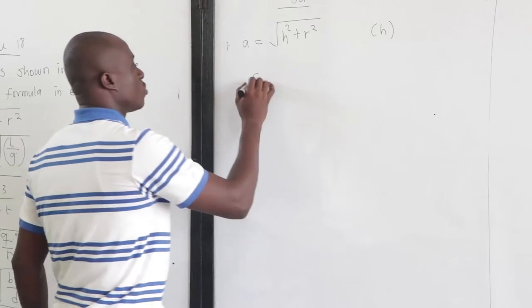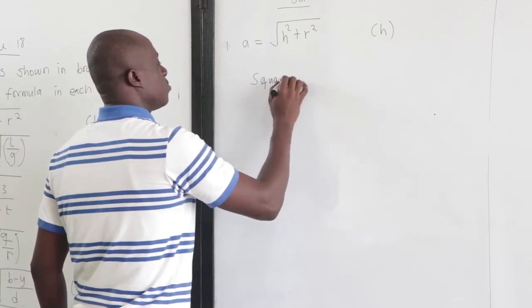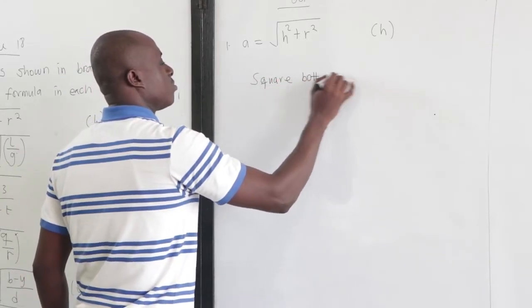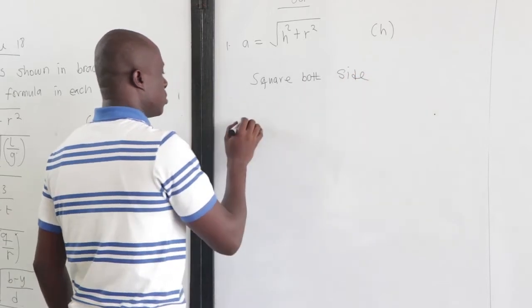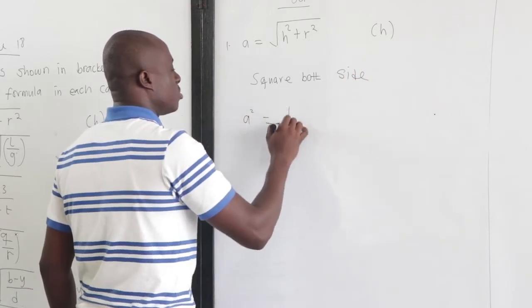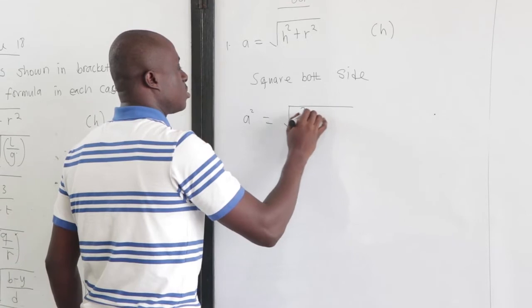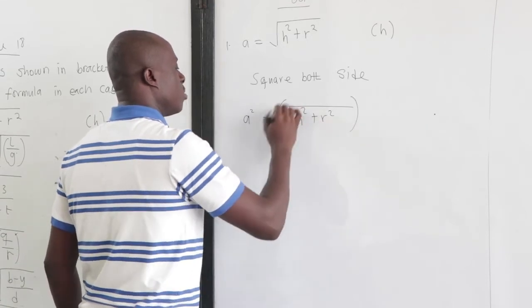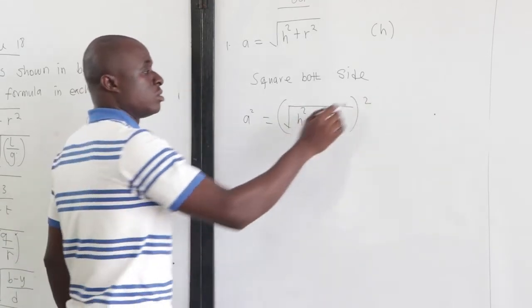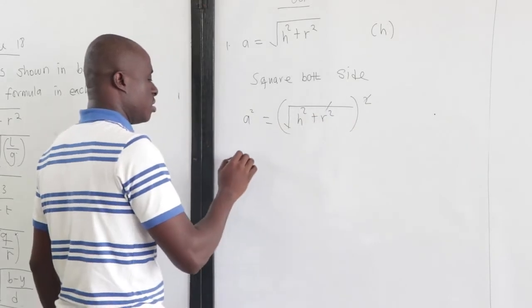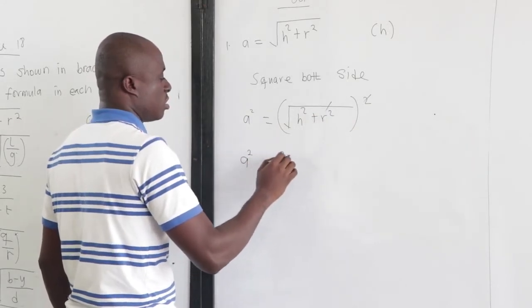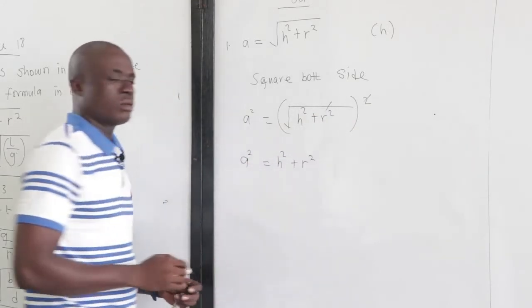So you square both sides. So clearly we have a squared equal to h squared plus r squared, all squared. So this is cancelling out that. So you have a squared equal to h squared plus r squared.